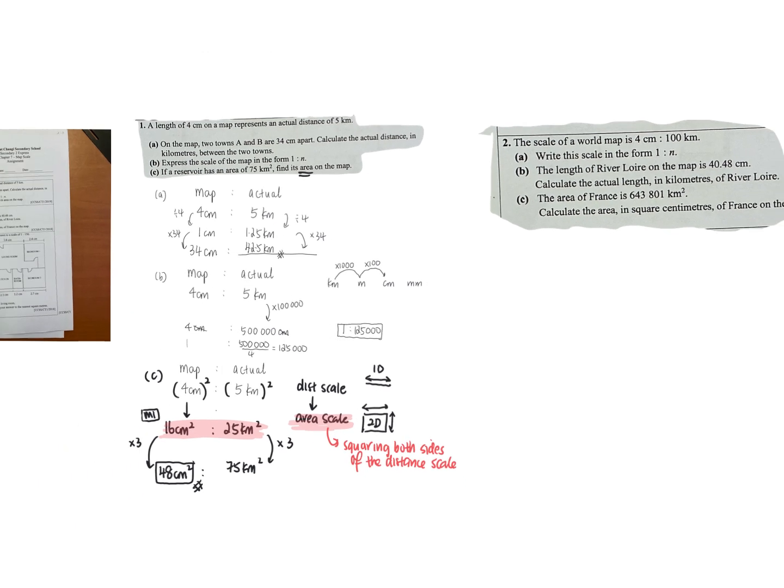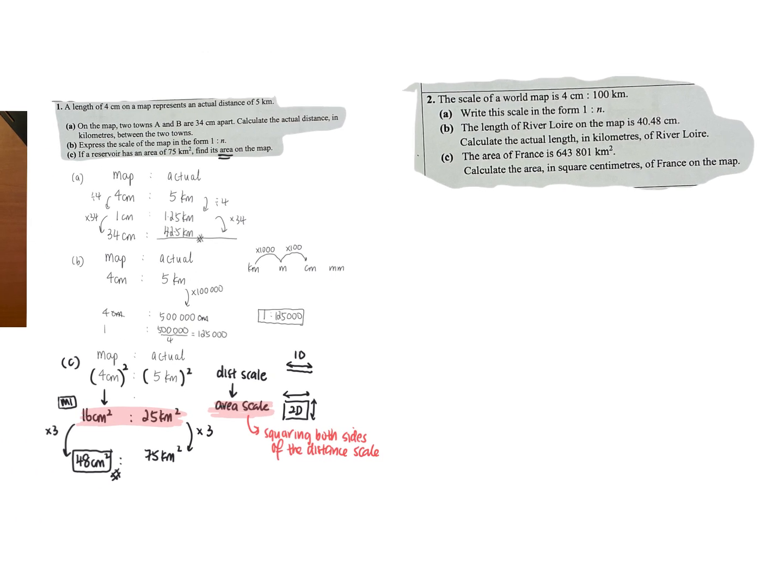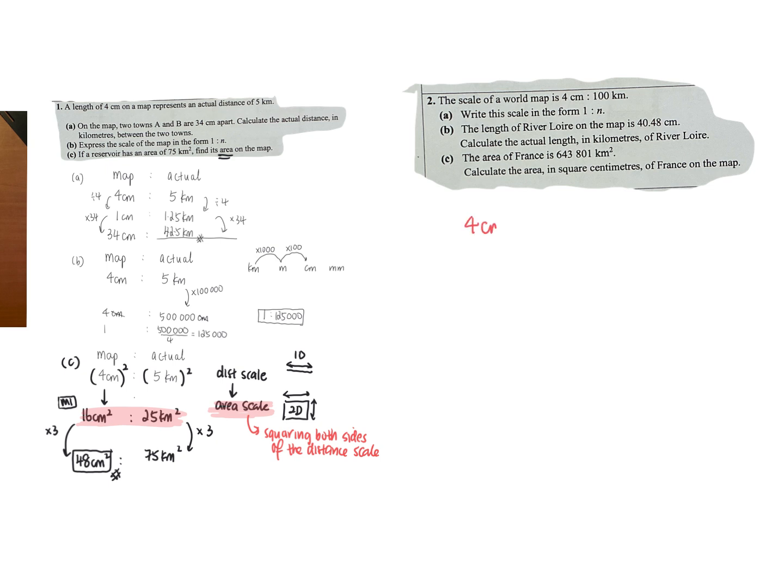Okay, question 2 is similar. So 4 cm, 100 kilometer. So how to change to the same scale? This one times 100,000 first. So you get a lot of zeros. 10 million.